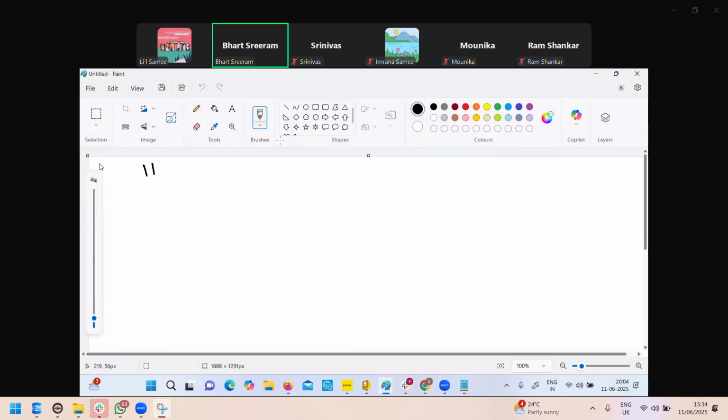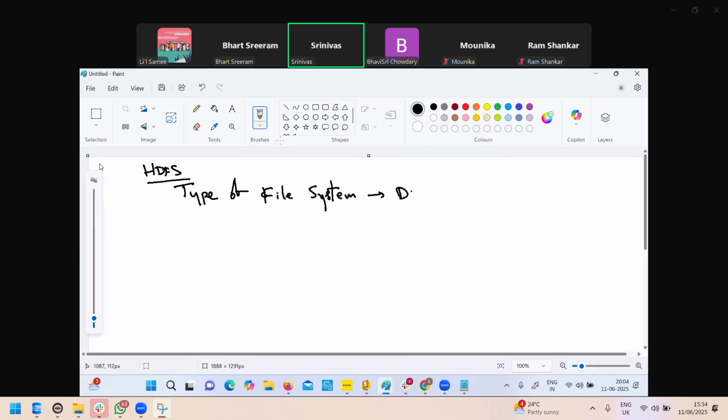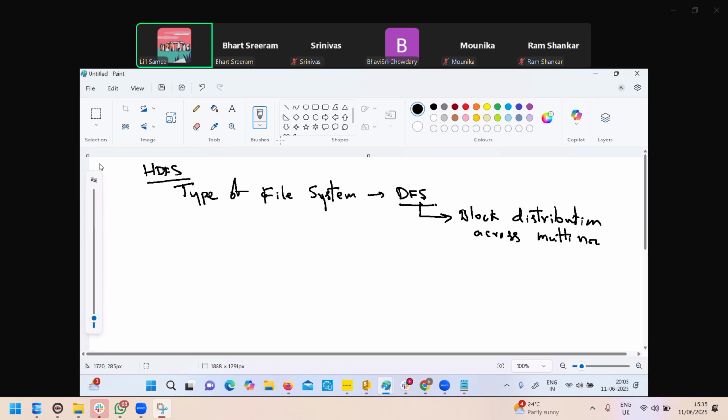Now step into HDFS. What is the type of file system, normal or DFS? DFS. The behavior is block distribution across multiple nodes of the cluster.